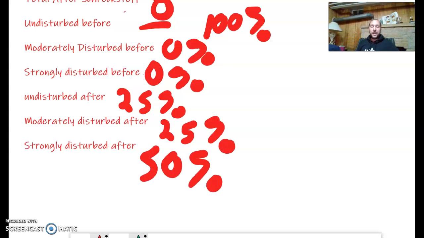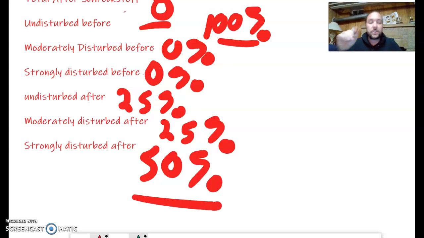And now I can compare those numbers. So I can compare the amount of undisturbed behavior before was 100% and strongly disturbed after was 50%. So I can clearly say that there was a change in the behaviors, right? From undisturbed behaviors before Schreckstoff was added to strongly disturbed, moderately disturbed, and some undisturbed behaviors after Schreckstoff was added.